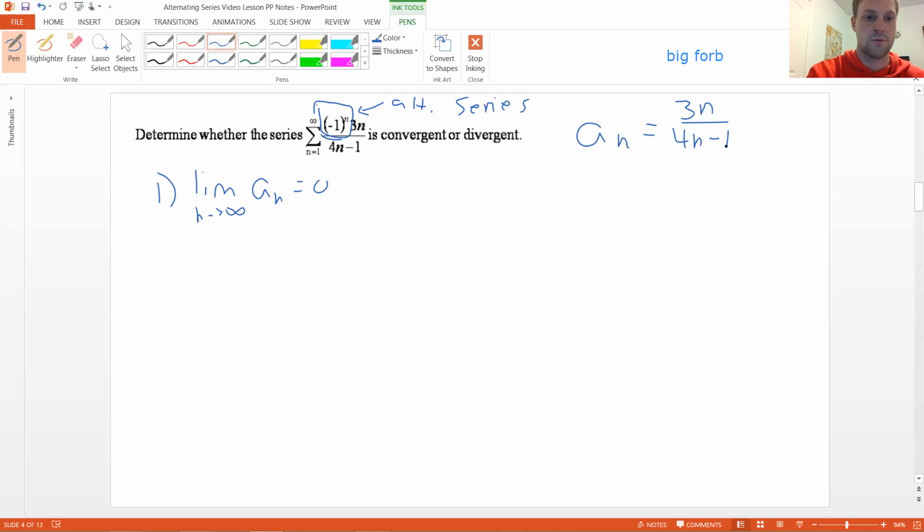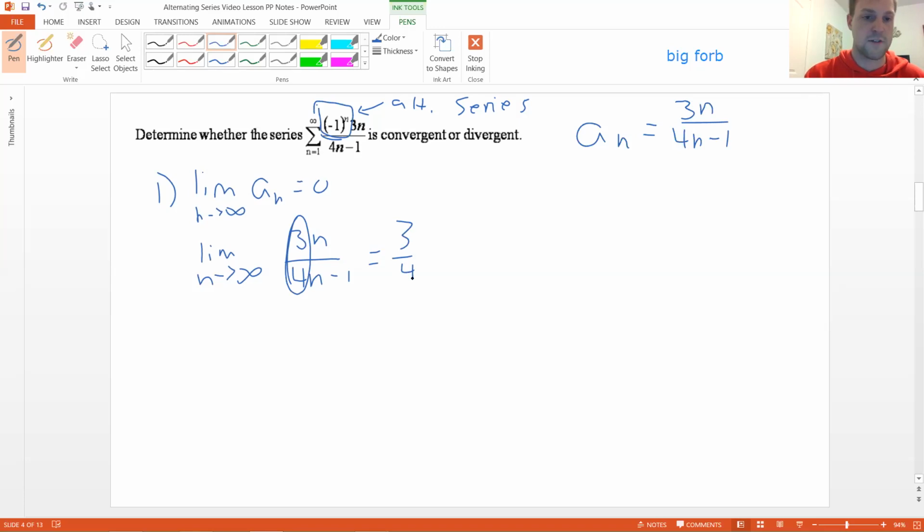So is this true? Does the limit as n approaches infinity of 3n over 4n minus 1 equal 0? No. What's it equal? 3/4. Perfect.